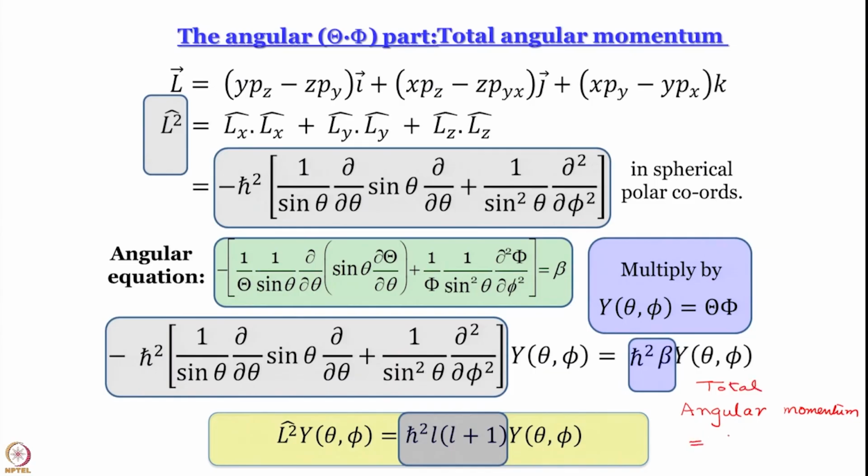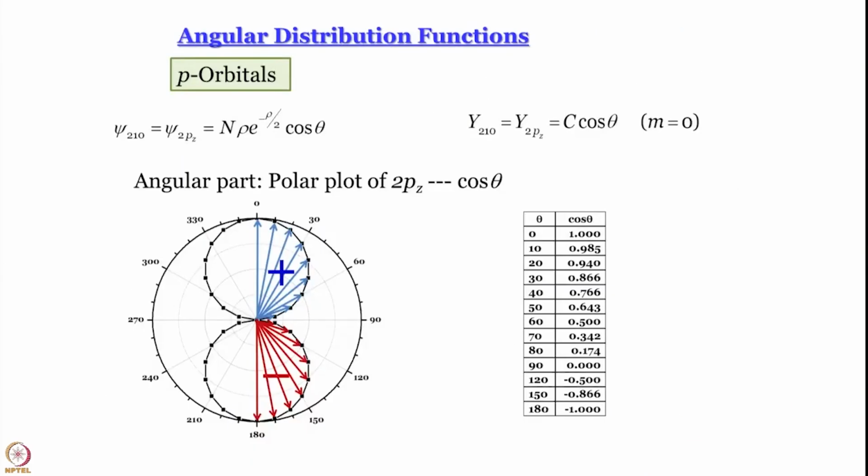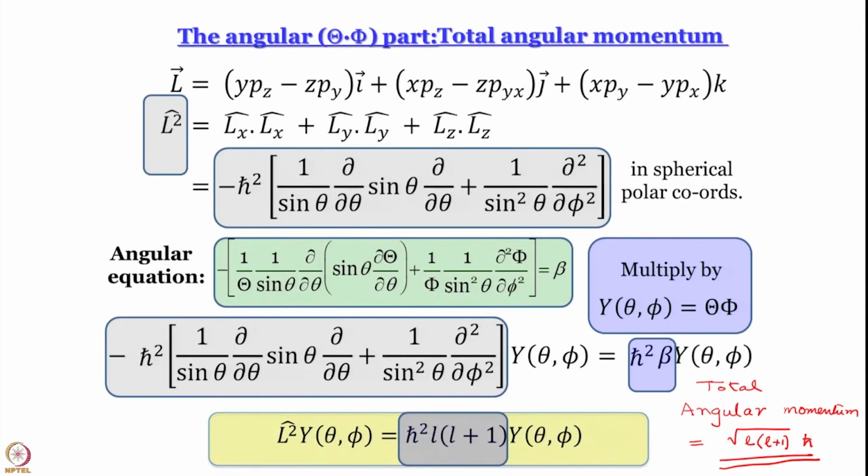That turns out to be root over L into L plus 1 multiplied by h cross, right, a universal result that keeps coming back to haunt us time and again. So, what we have understood then is that we can figure out the total angular momentum from the theta dependent part. So, remember we talked about the length of the arrow, this here is the length of the arrow, root over L into L plus 1 multiplied by h cross, and what is the z component? Z component is m h cross.